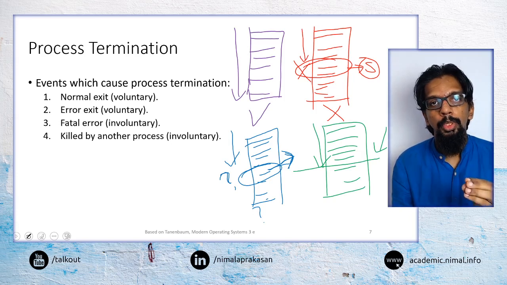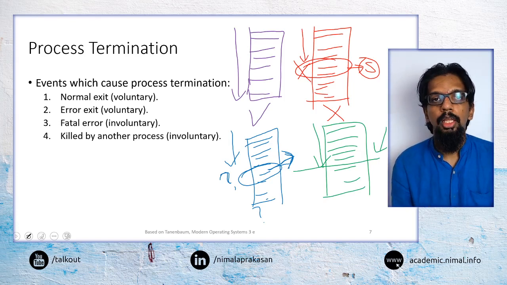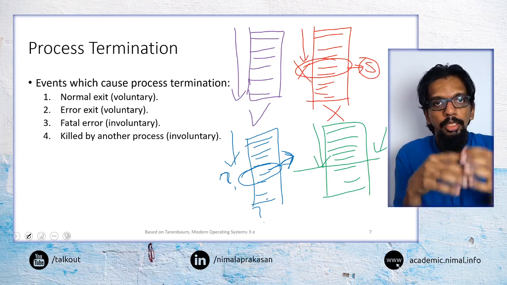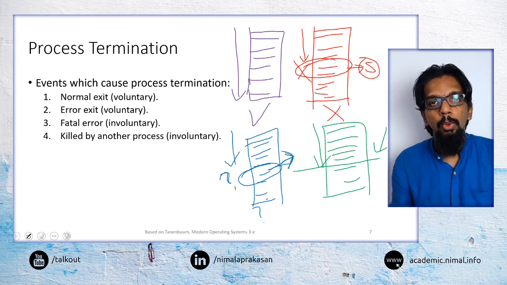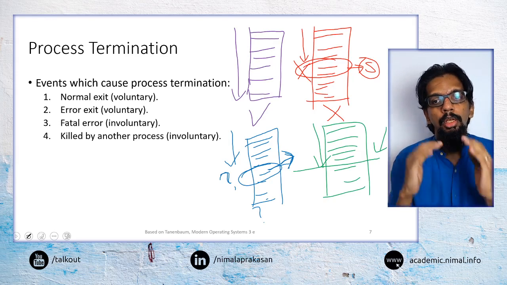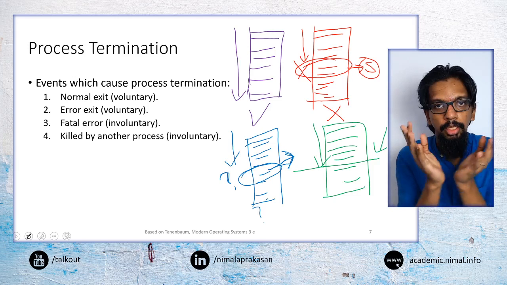If you shut down Windows, it is going to close all the other processes that are currently running. So these processes were not exiting in a normal scenario, they were closed forcefully by another process. So these are 4 ways processes can be terminated and they can close.